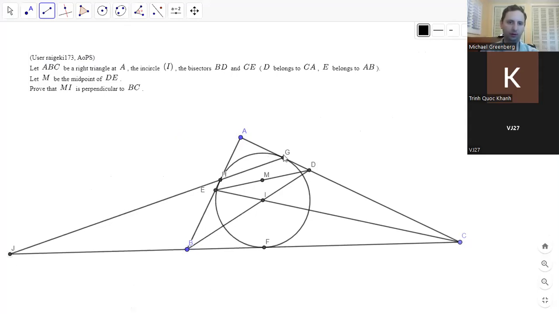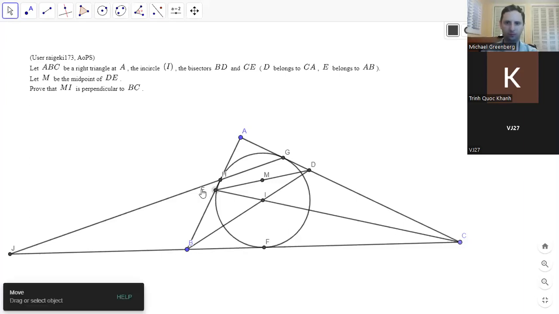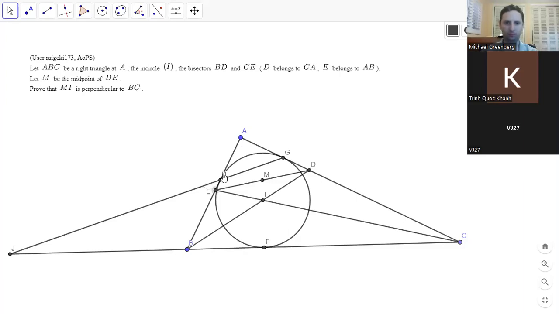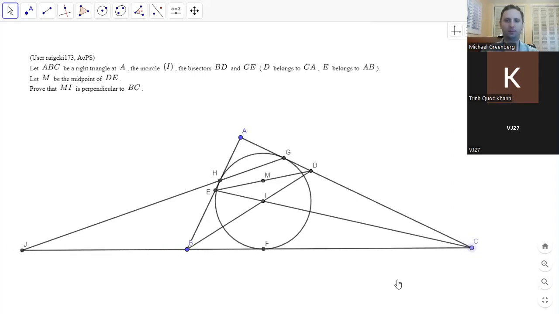All right. It's a good diagram. Let's draw IJ.